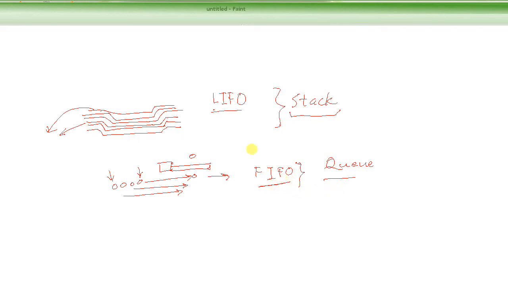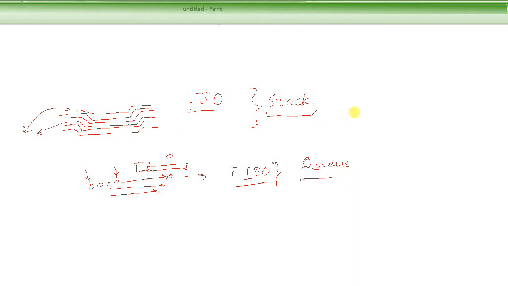Some people call it FIFO also, so it's totally up to you. Similarly, some people call it LIFO also, whatever you want to call it. But the point is that this represents a data structure called stack, and this represents the data structure called queue.